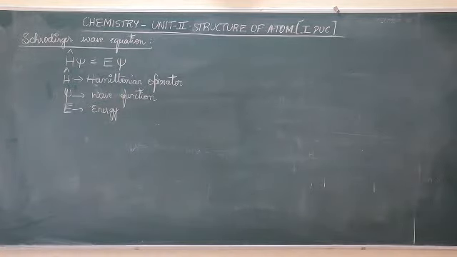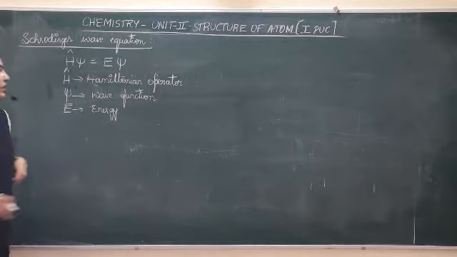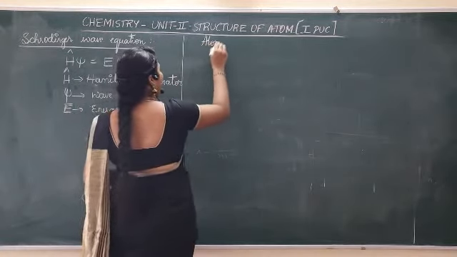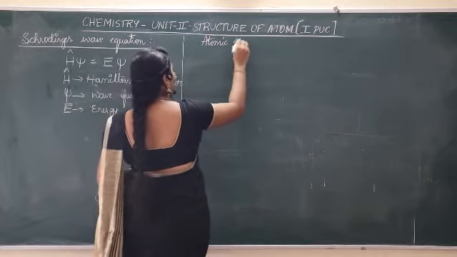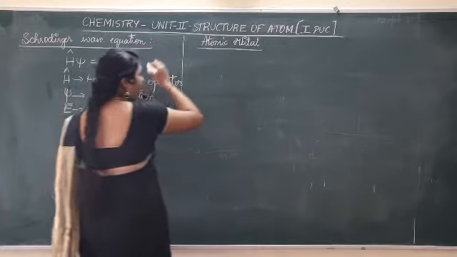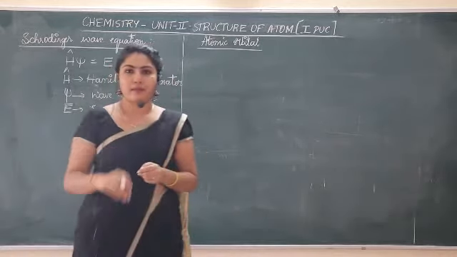Next we will see what an atomic orbital is. At least you have a basic idea of what an atomic orbital is now. The atomic orbital is the space in which electrons are present.